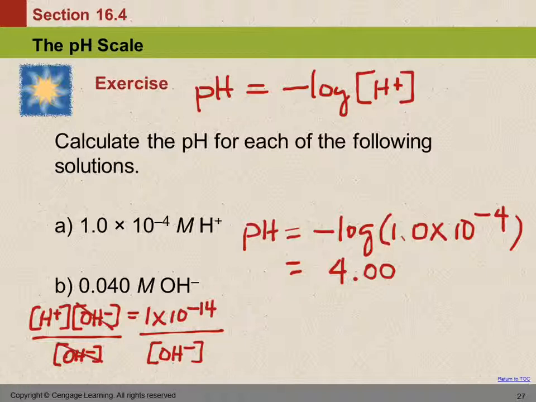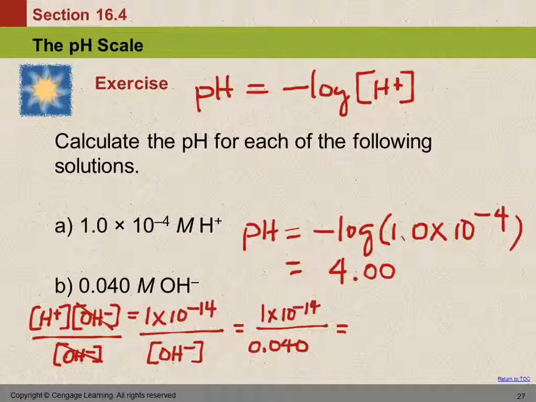These cancel out over here. So the hydrogen ion concentration is 1 times 10 to the minus 14 divided by 0.040. And you can treat that 1 times 10 to the minus 14 like an exact number.